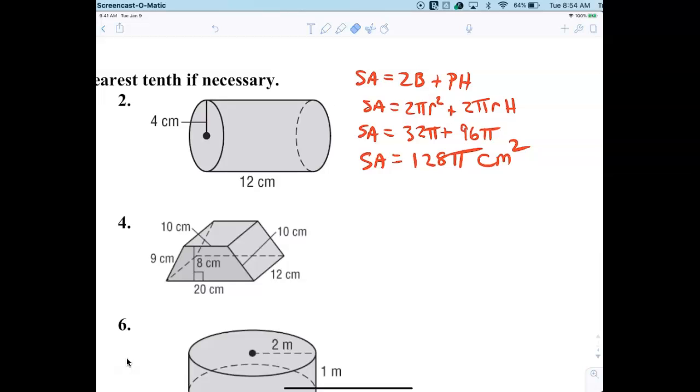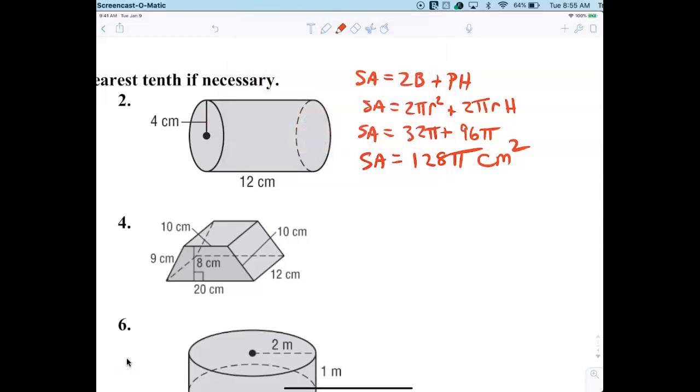Yes, ma'am. When you do 2 pi r squared plus 2 pi r h, why isn't it r squared in the second part? Because the circumference formula is 2 pi r. Let me make sure I'm clear.